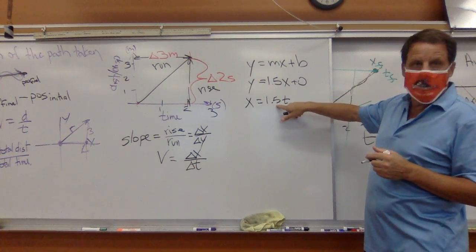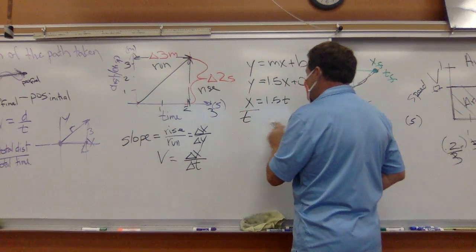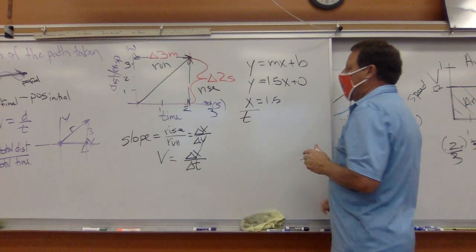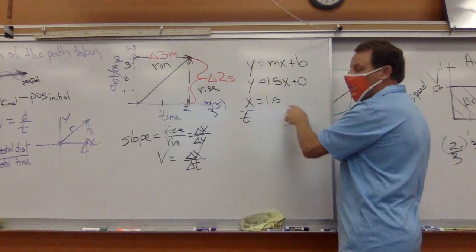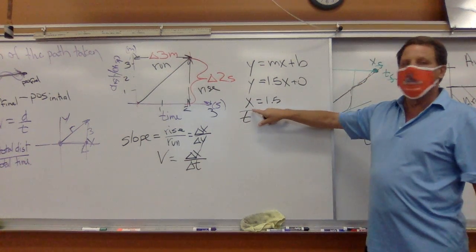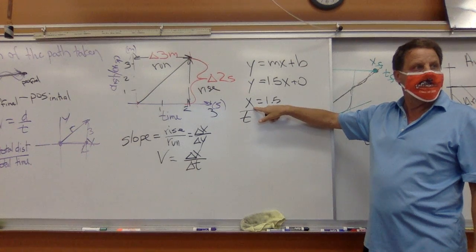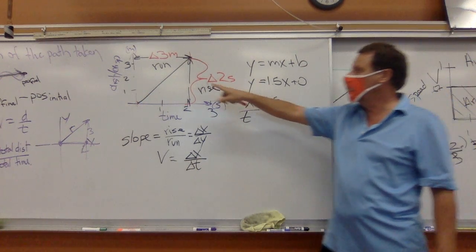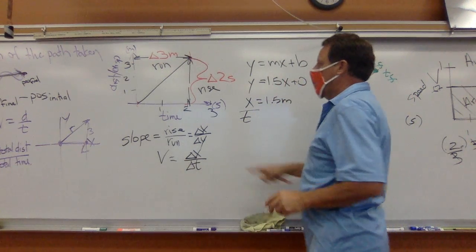Now, if we want to get this 1.5 all by itself, we're going to divide both sides by t, and then our x over t is going to be 1.5. But what are our units? What are our units for x? That's going to be meters.